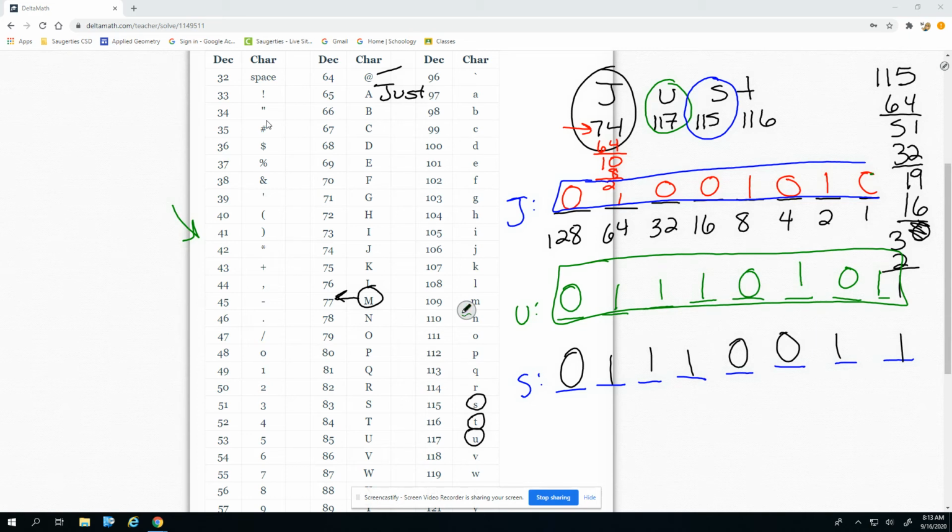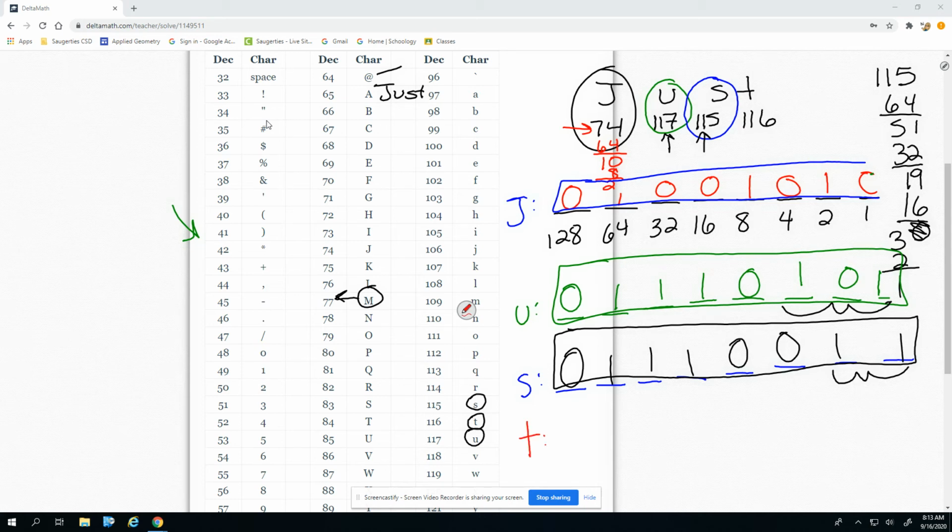Here is my U number. Here is my S number. If you look at the end of these two, I ended this one with a 3, a 2 and a 1. I ended this one with a 5, and that's the only difference. The U is 2 bigger in terms of its number than the S. So for the T, basically I can use 1 smaller than the U. If you need to do each of them from scratch, that's totally fine.